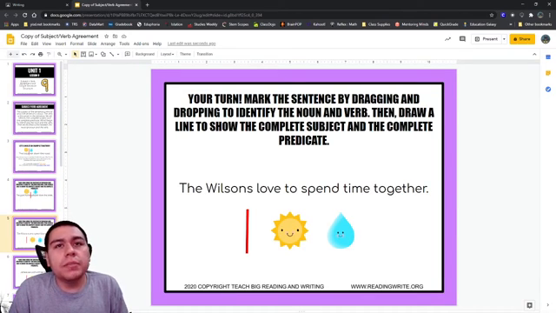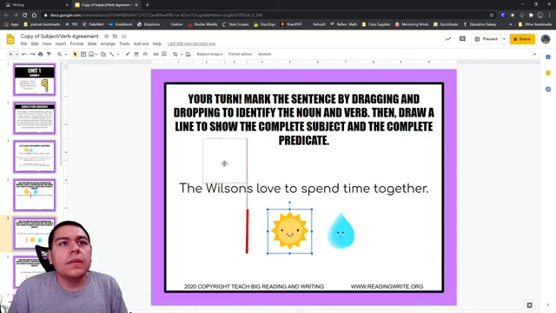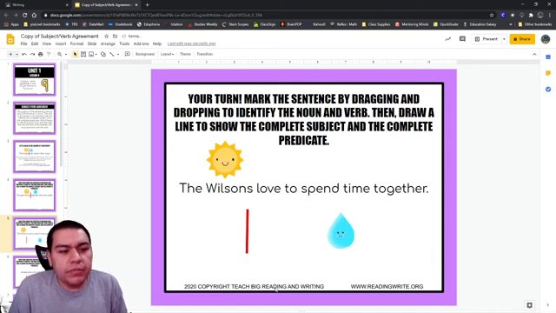The Wilsons love to spend time together. Who or what is that sentence about? What's the subject of that sentence? Data? The Wilsons? The Wilsons, perfect. So the Wilsons are the subject of my sentence. Now, what is the sentence telling us that the Wilsons are doing, or what information is it giving us about the Wilsons?